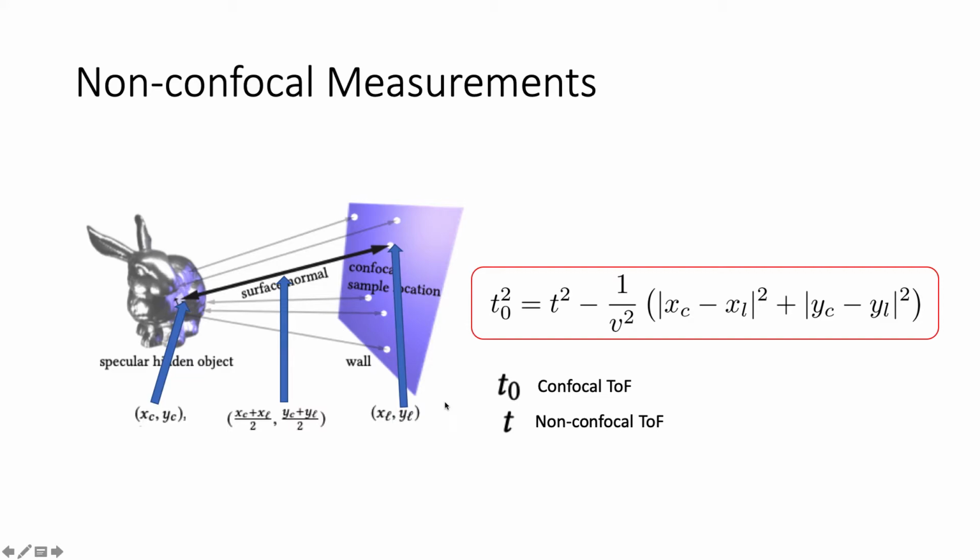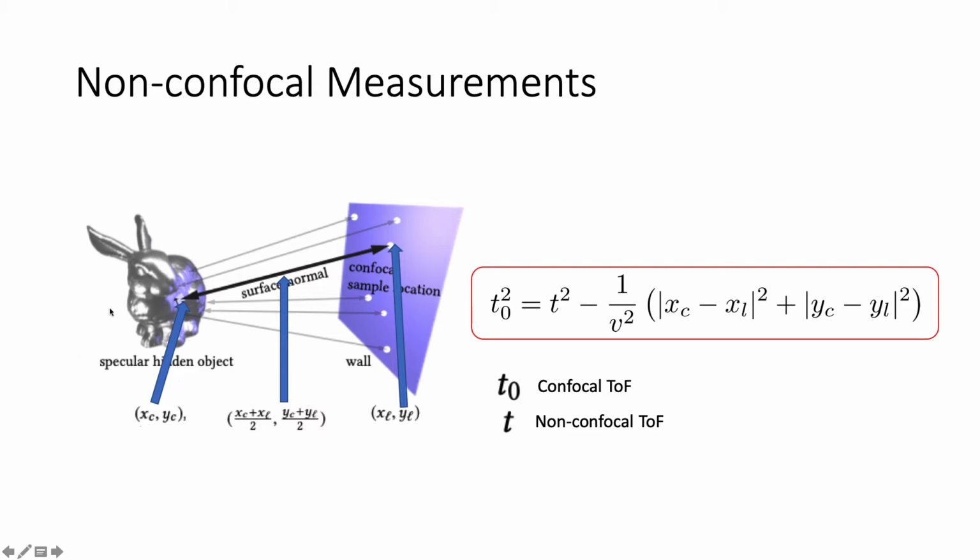For non-confocal measurements, the authors introduce a pre-processing step to convert them to confocal measurements. It approximates the measurements at the confocal sample at the common midpoint location of the non-confocal source and detector.